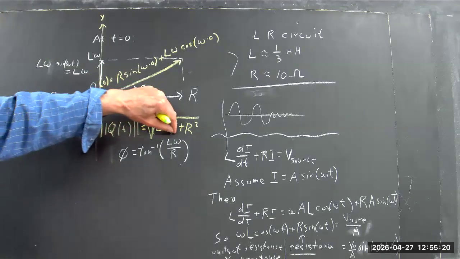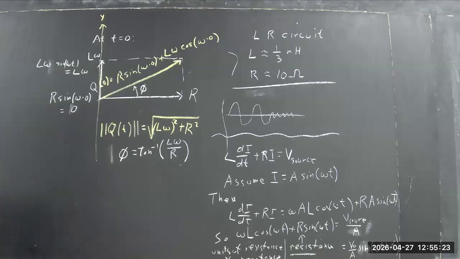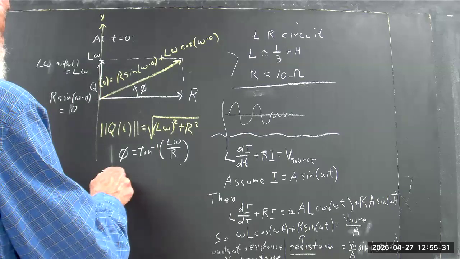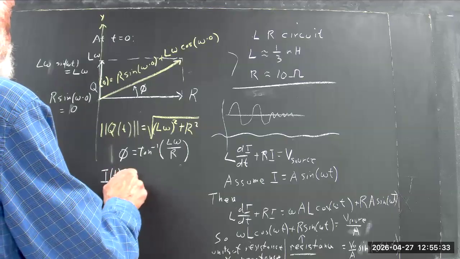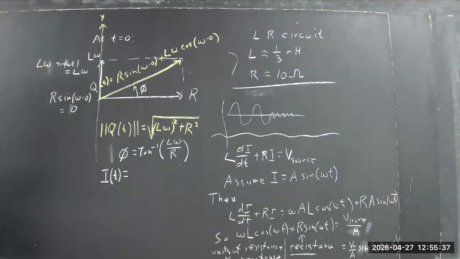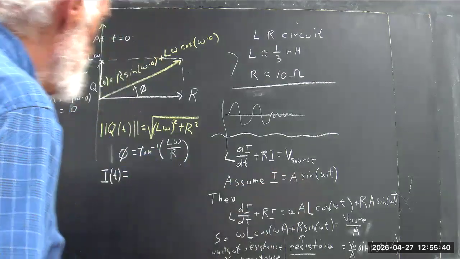Okay, well, anyhow, phi is the inverse tangent of L omega over R. And your current is a function of t.